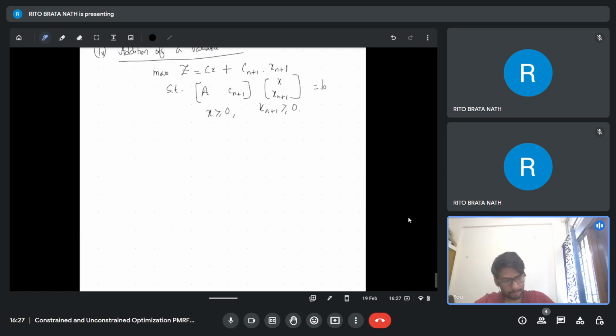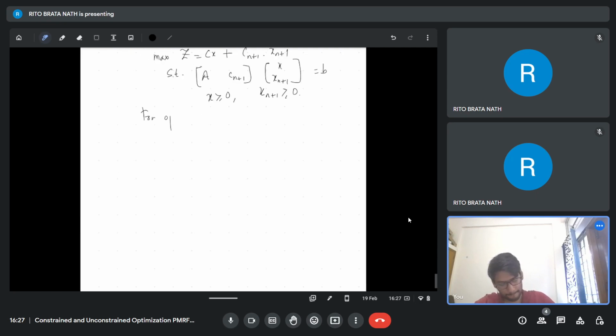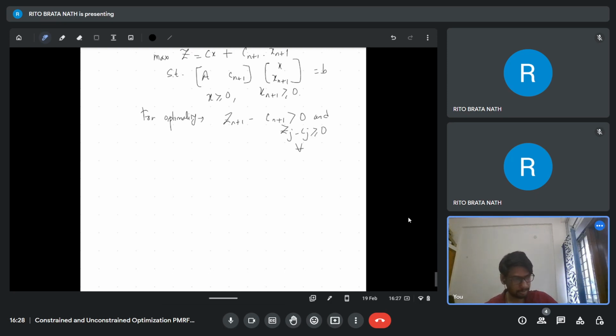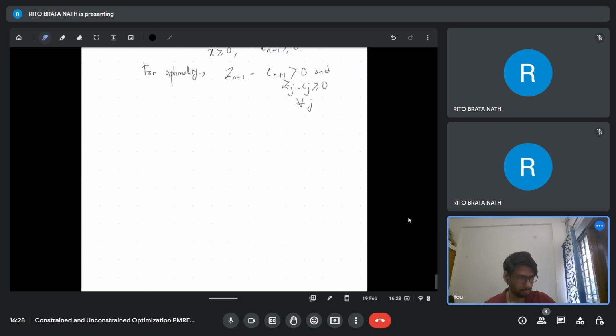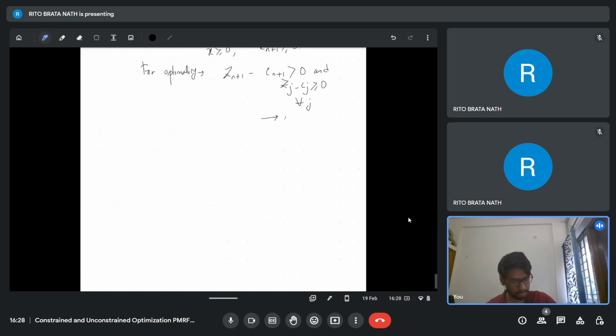So for optimality, what happens? If z(n+1) minus c(n+1) is greater than or equal to 0, then this optimal solution will remain optimal, and your new variable value will be 0, right?